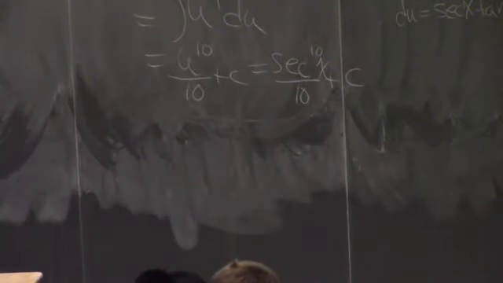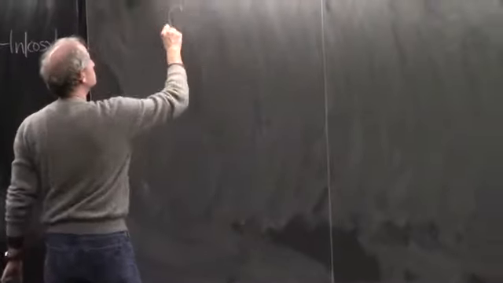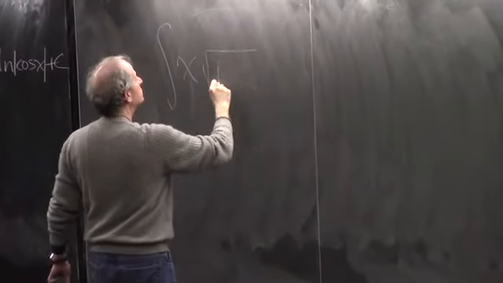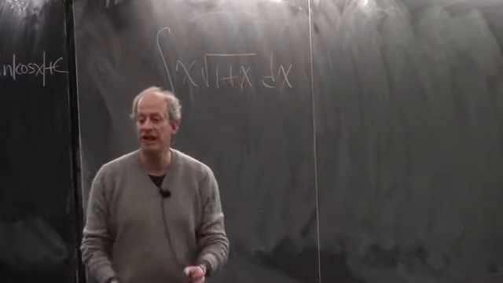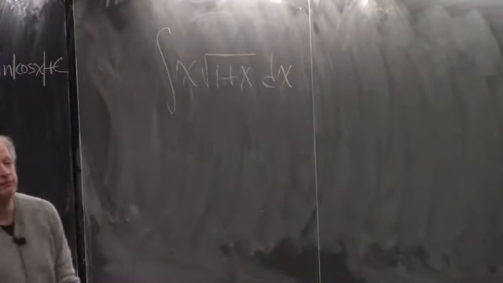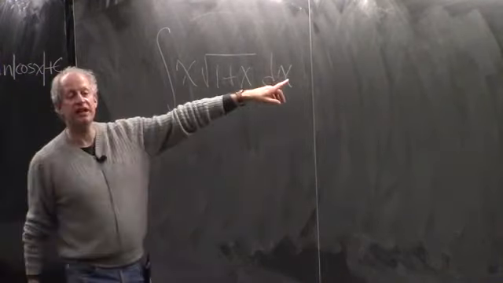I have one more type to show you guys. Suppose you have something that looks like that. Now, if I let u equal x, du is just dx.